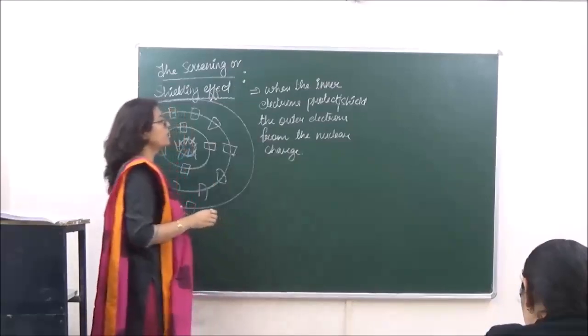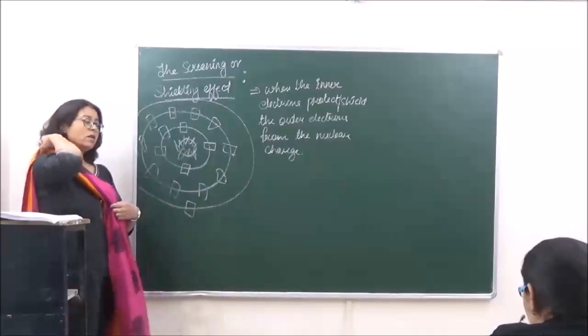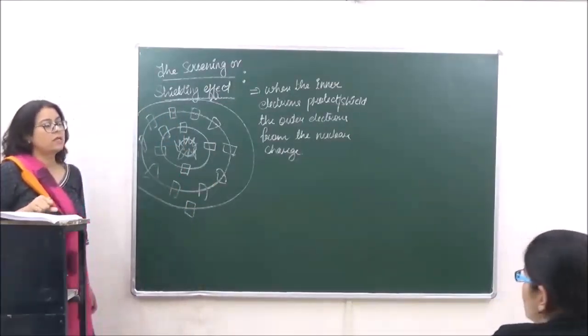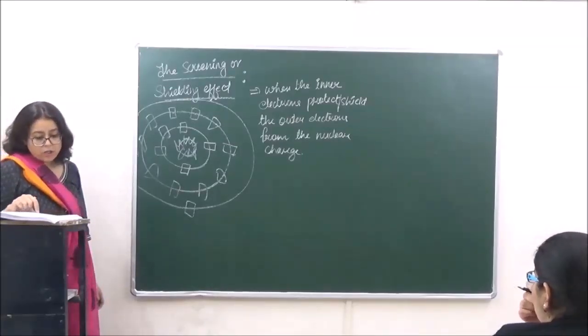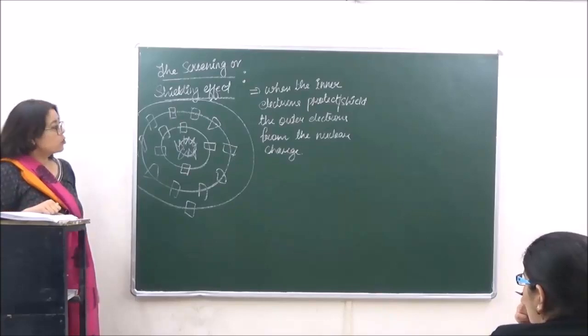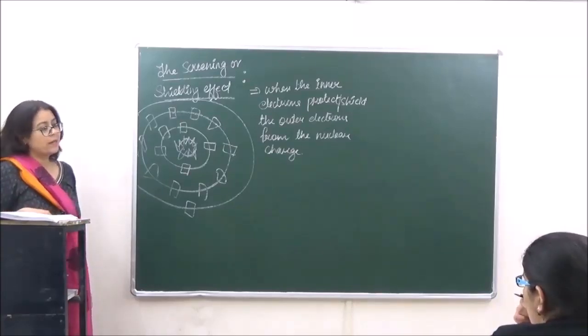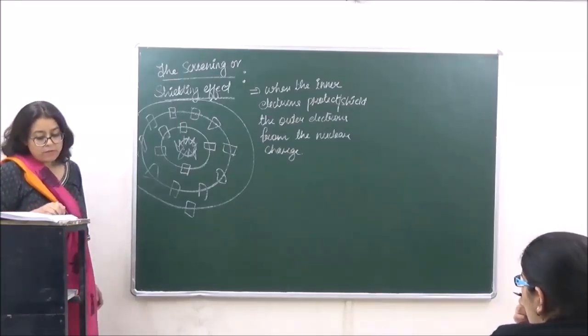Right? From the nuclear charge. This is known as the screening effect. That is, the effect of the nuclear charge does not reach the outermost electron or the outermost shell due to inner electrons. That is what shielding effect is.